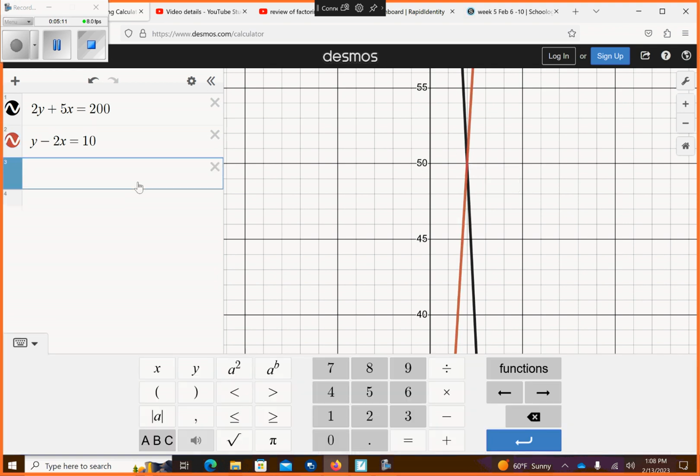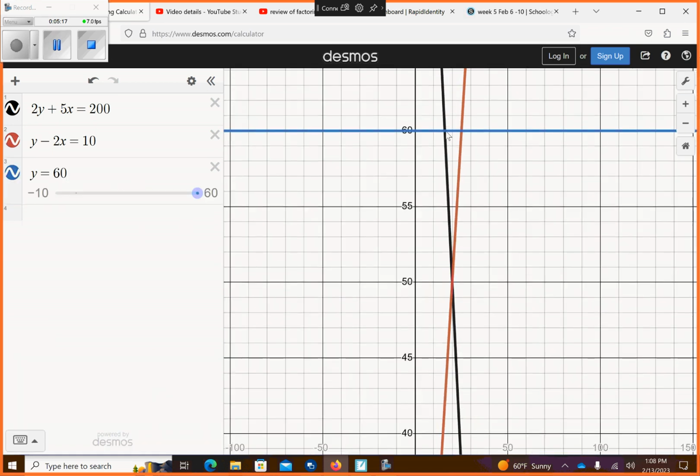So when Y equals 60, take a look at where this falls. So I'm on the blue line. The black line would have been our demand, okay? And on our red line, that is our supply.